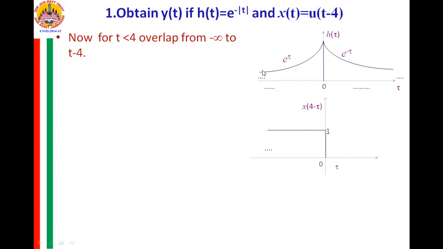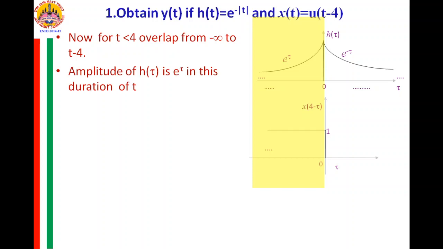The amplitude of h of tau is e raised to tau, and that of x of t minus tau is 1. This is up to where t is less than 4.